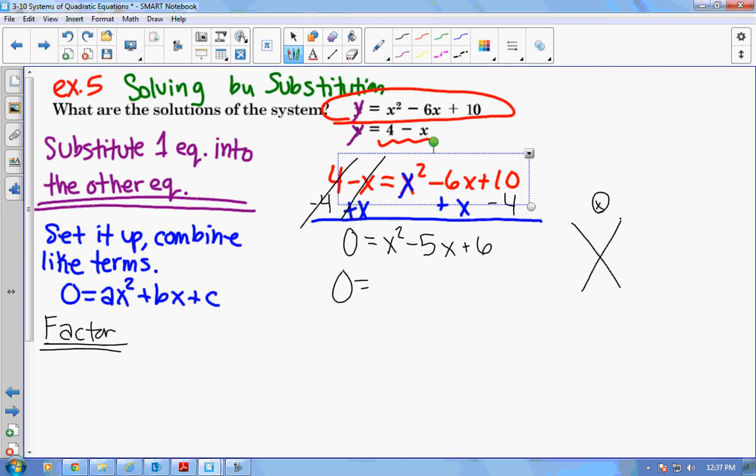Okay, coefficients. First times third becomes what number? 1 times 6 is... Okay, and Gavin, what do we add to? Careful. Negative 5. Okay. Nico, what 2 numbers multiply to 6 and add to negative 5?